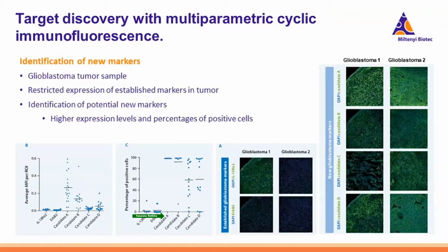You also see this here in green with 2 glioblastoma samples: the samples look really green in comparison to the commonly established markers. So it's a nice way to look into your tumor sample and see what's actually going on in there.